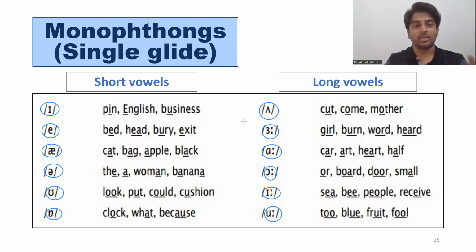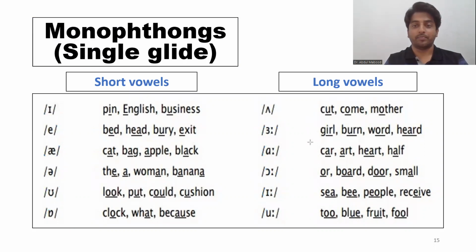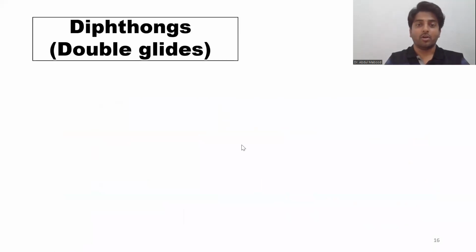I'll tell you what is single glide and what is double glide. Now go to the next one: diphthongs, or double glides.